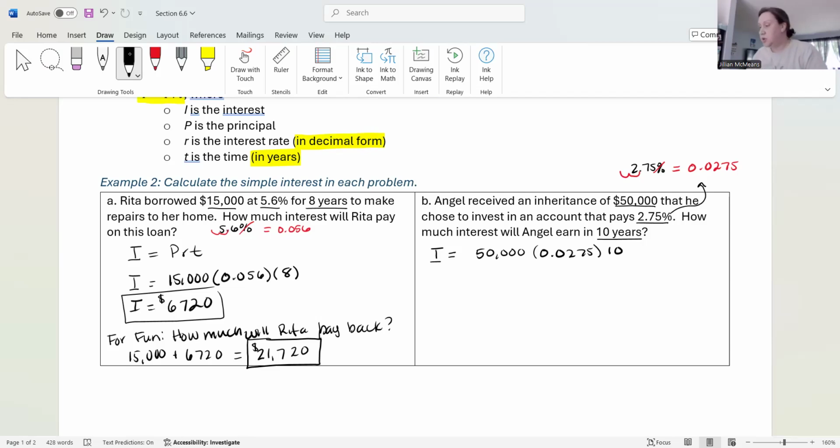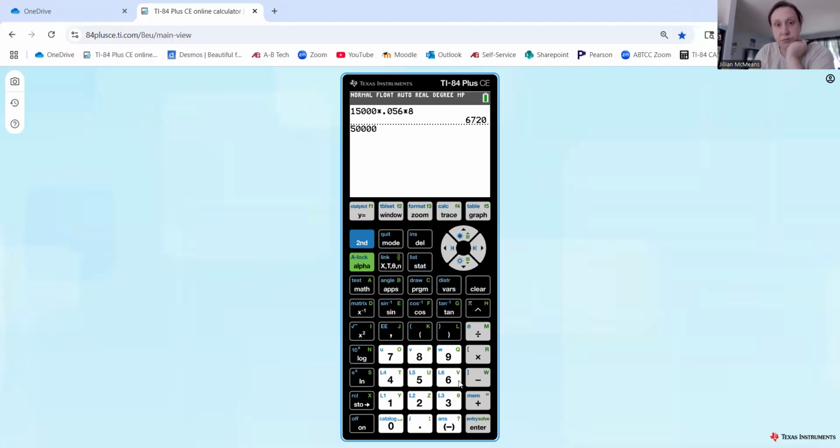We can just go to the calculator for this one. We have 50,000 times 2.75%, which is 0.0275, times 10 years. So Angel will have earned $13,750 in 10 years.